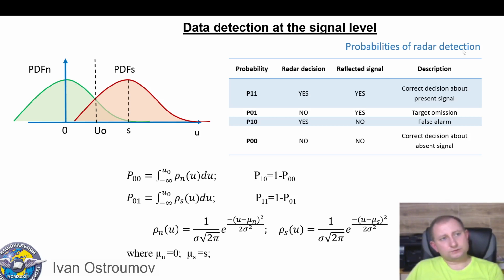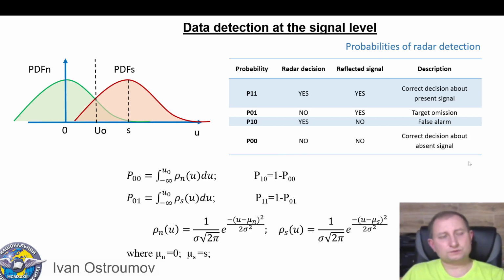Also here I've got the same table from the previous slide because I would like to make visible for you the titles of probabilities and special errors which we will analyze next.